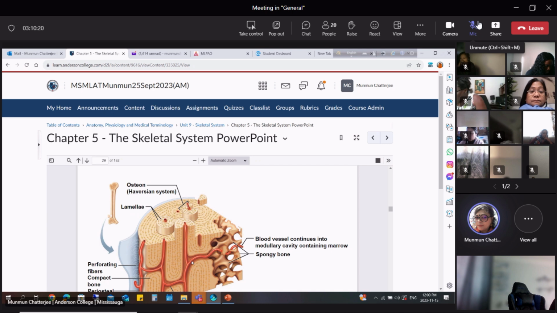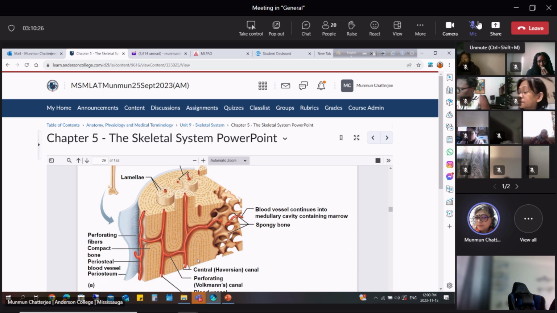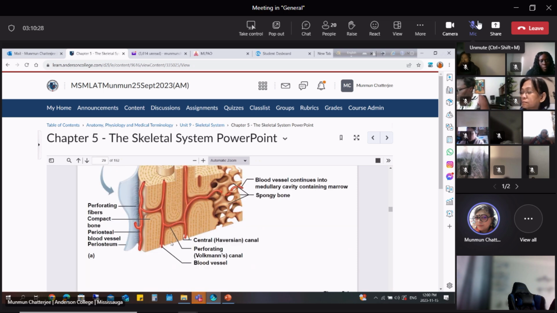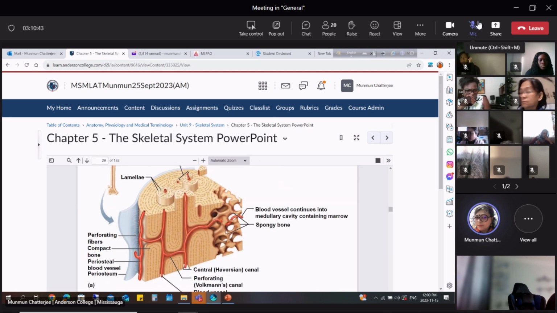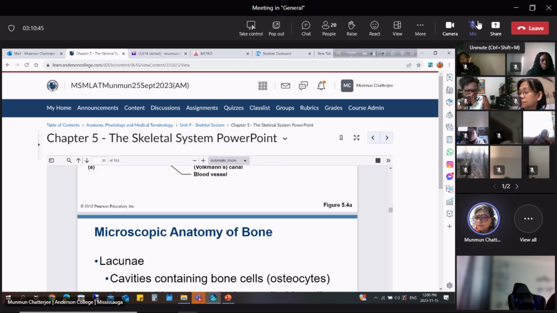You can see these are the Volkmann canals, which go perpendicular. This is called the central Haversian canal, and this is called the perforating or Volkmann's canal. And we have the spongy bone at the edge.